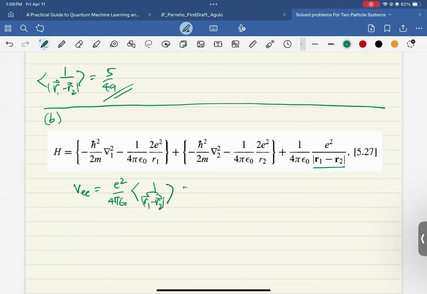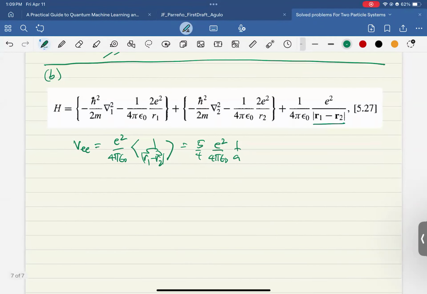Okay. So, so 5/4 e²/4 pi epsilon naught 1/a. So yung a, sabi natin kanina, ay 4 pi epsilon naught ħ² over m e². At yung E1, yung ground state, is negative m over 2ħ² times e²/4 pi epsilon naught squared.